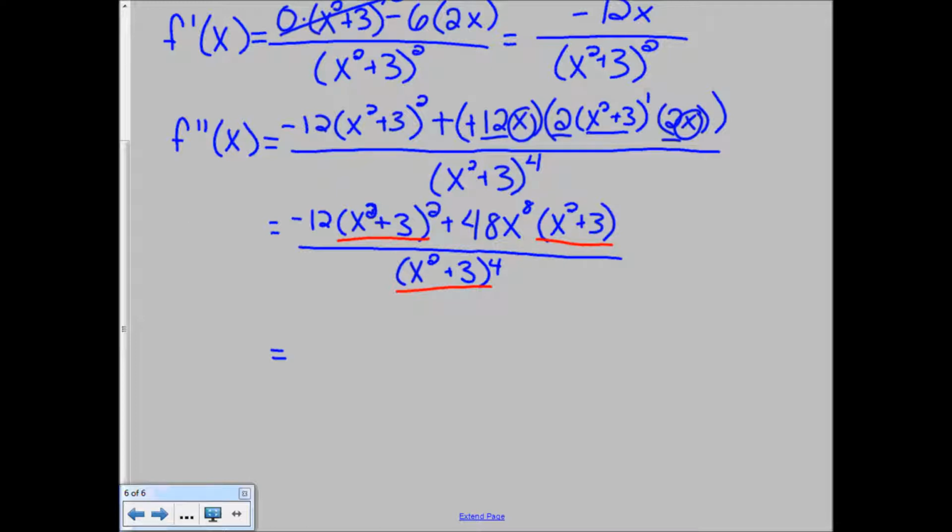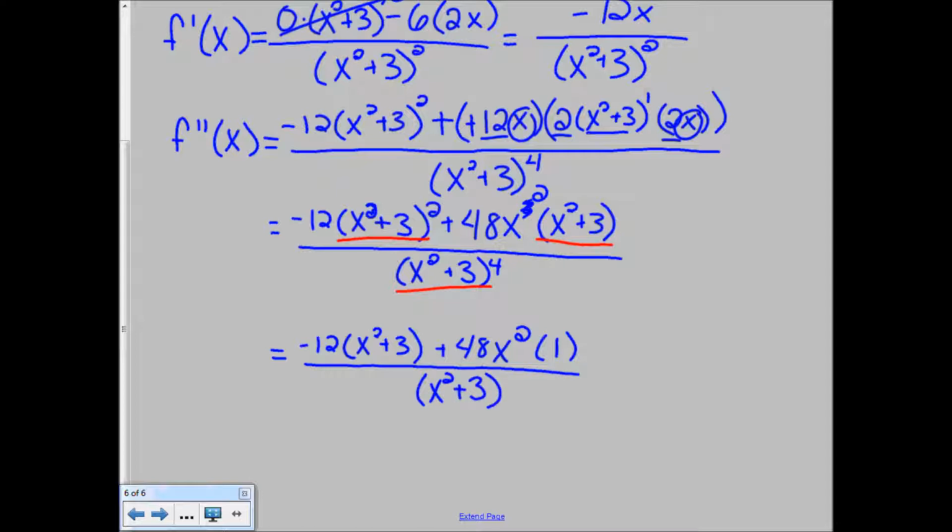So this is actually going to become negative 12 times x squared plus 3, just one of them, plus 48x squared. I know that looks like an 8 there, but it really is a 2, times 1, because we can divide by that x squared plus 3 term. And when we do that, we can make this one on the bottom an x squared plus 3 all raised to the third power instead of the fourth.